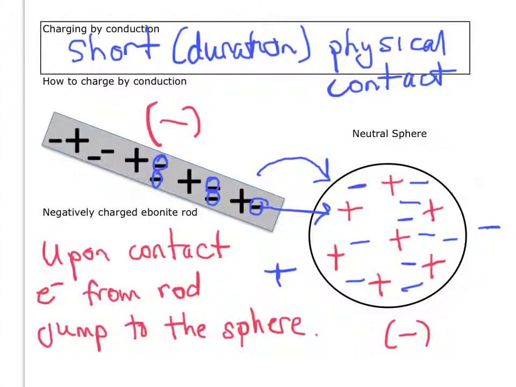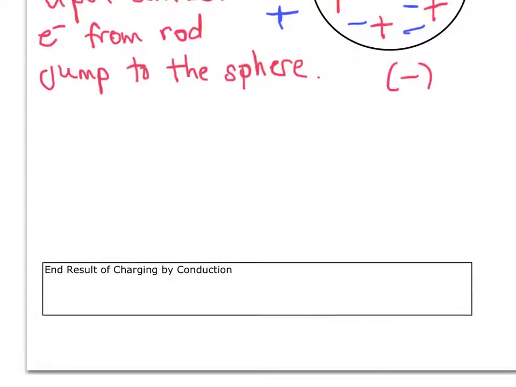So now the sphere has more negative than positive, so it's negative, and so is the rod. The end result of charging by contact is 2 objects with the same charge.